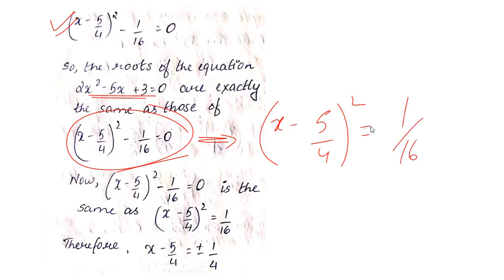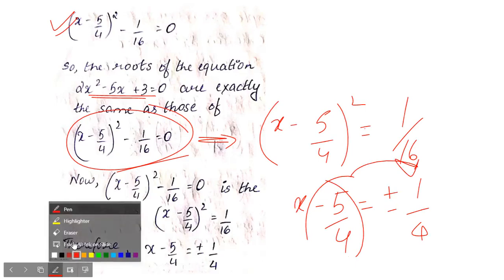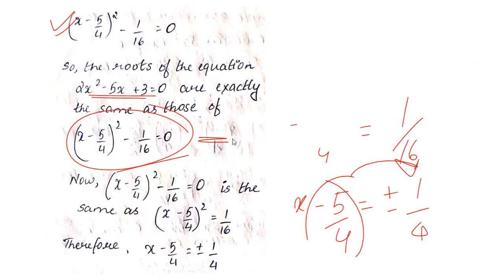I'm sorry, it's not x plus 5 by 4. In the next step, we will take the square root on both the sides and we will get x minus 5 by 4 equals plus or minus 1 by 4. Then we will take this to the other side and solve. This is the regular way if you do it in the method which I have told.